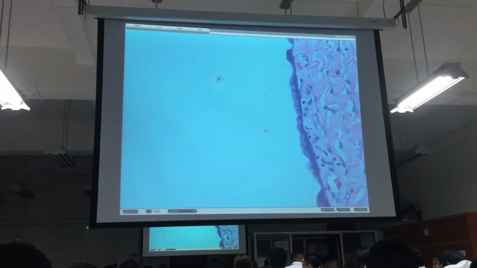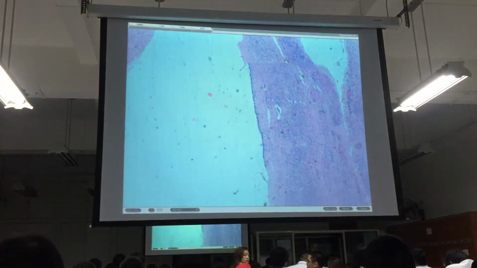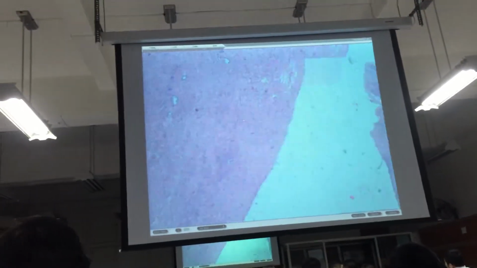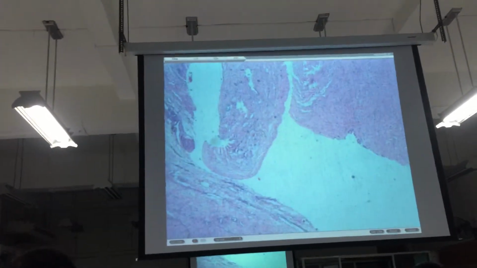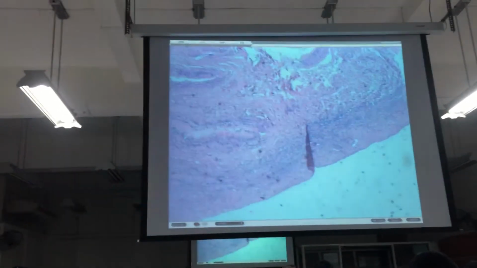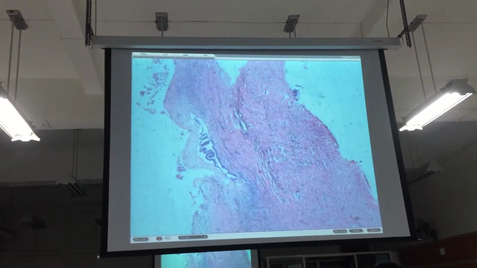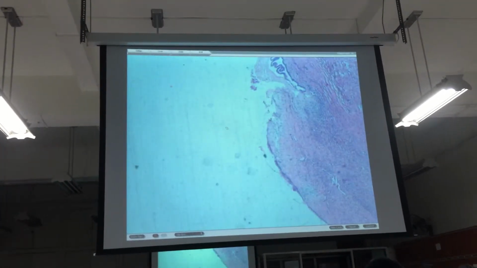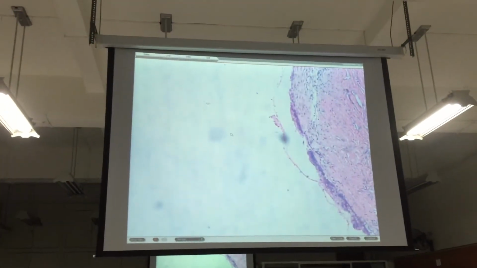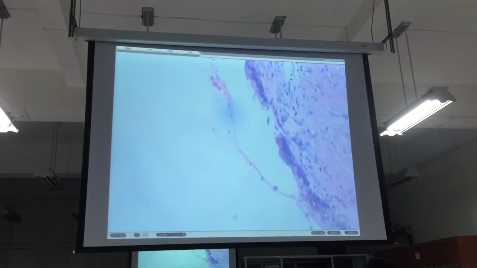Okay, probably we'll look for a better epithelium area. Okay, this one. Anybody would like to describe the epithelium?